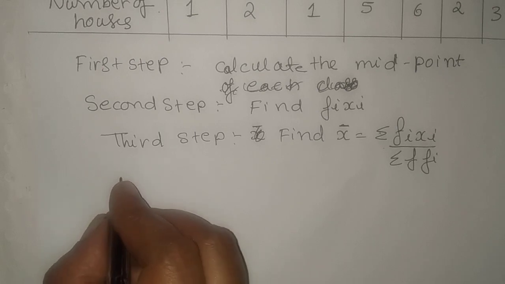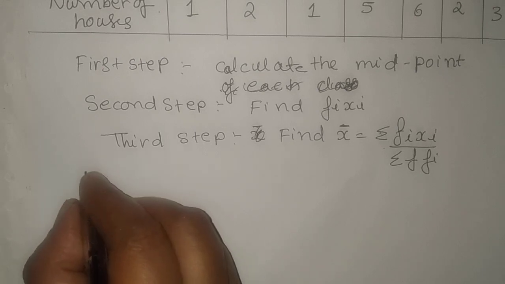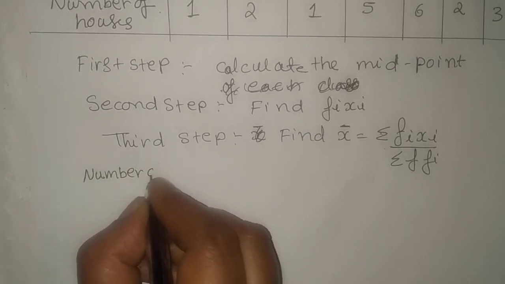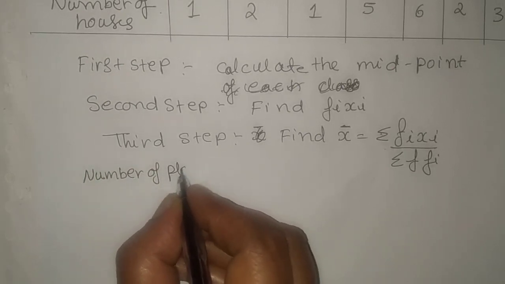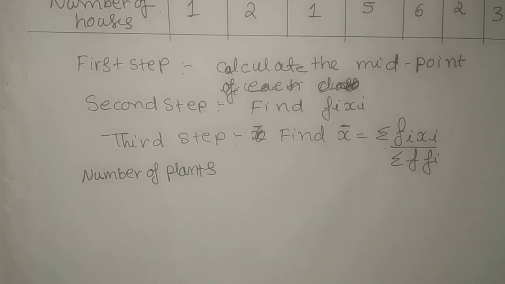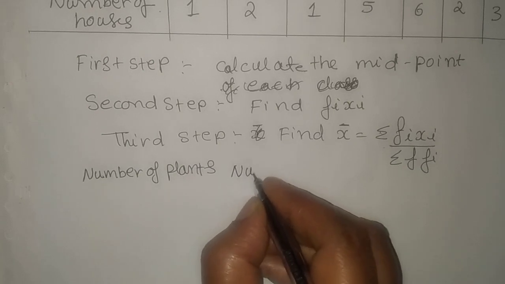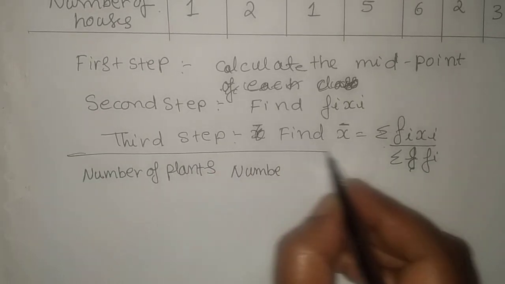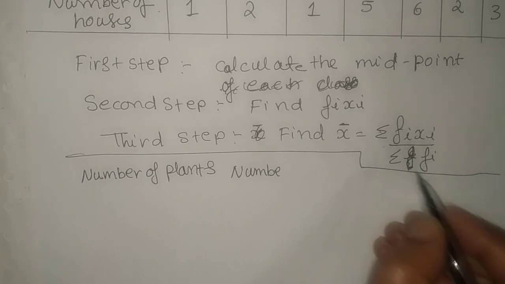Here I'll write, first, the number of plants as given in the question. Number of plants, write down. Then the number of houses.